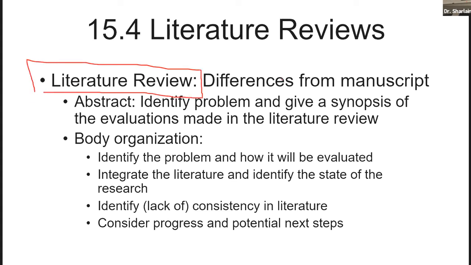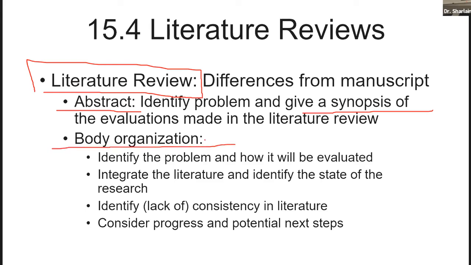So notice that in the abstract, you're going to see that there is a synopsis, a summary of the data that you found in your review, versus whenever you were talking about your previous abstract, where we had the participants, the variables, what method did we use, what hypotheses or research questions did we have.